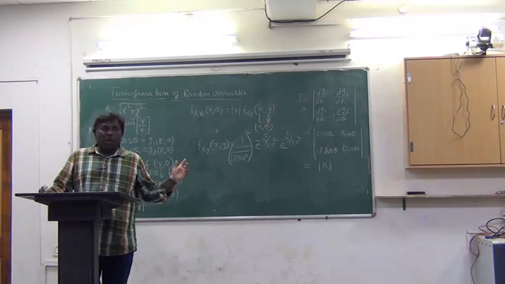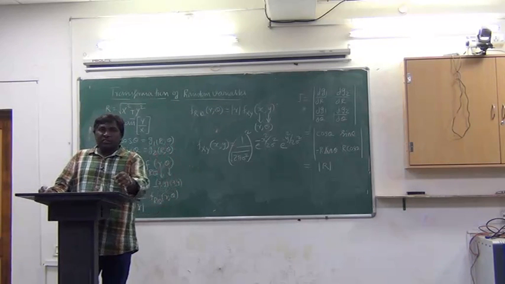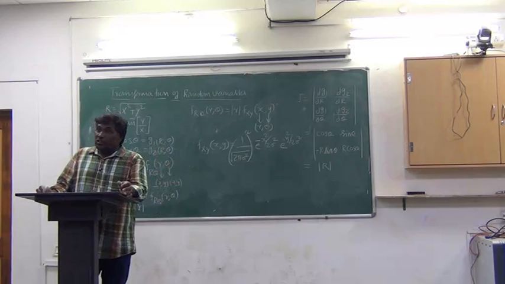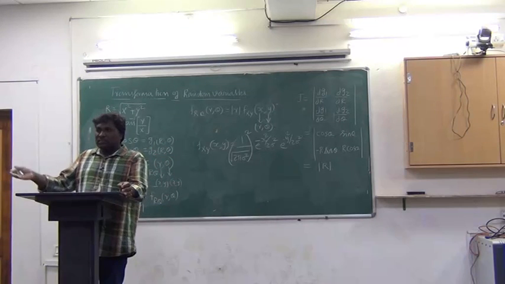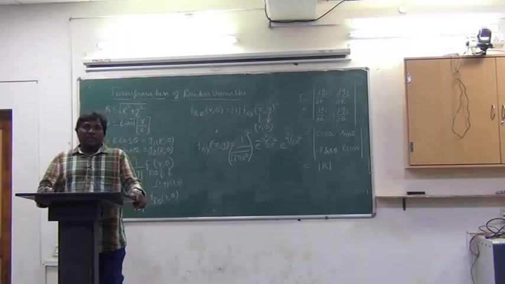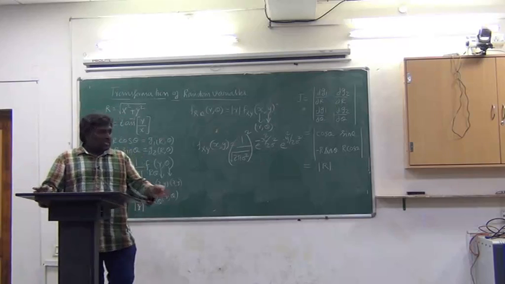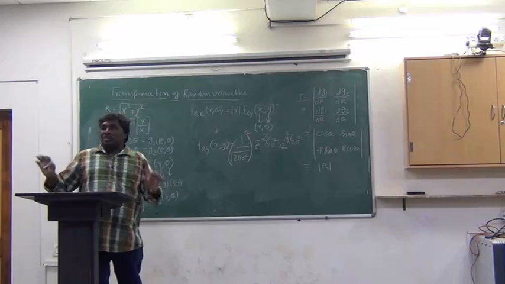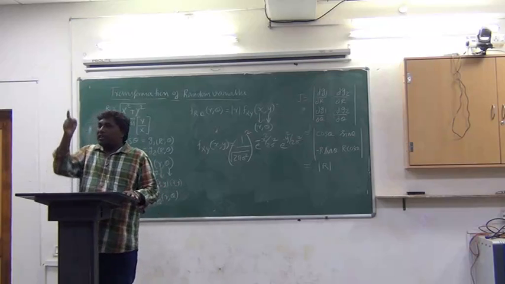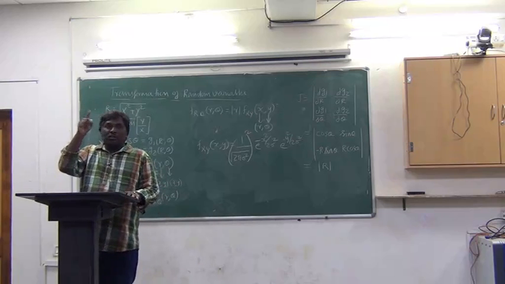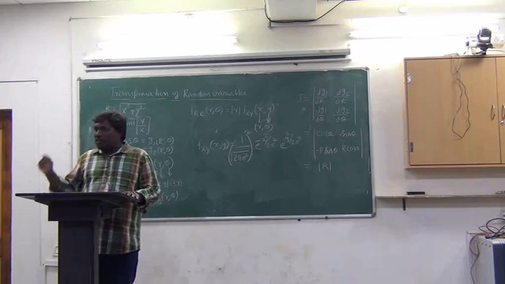because I am writing the product of the marginal density functions. If it is not, then we have to go for the multivariate Gaussian density function. We are going to discuss that in the coming classes. Multivariate Gaussian density function, where the covariance matrix is not a diagonal matrix. But in this case, the covariance matrix is a diagonal matrix. The diagonal elements are the variances, simply sigma squared here and here sigma squared.